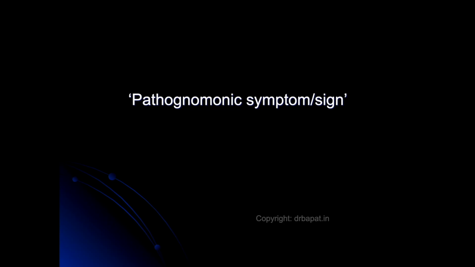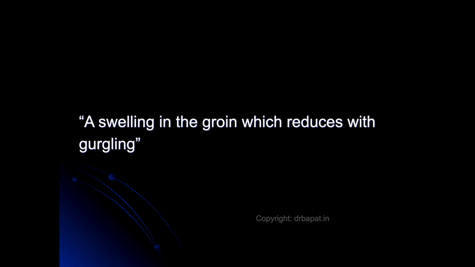Pathognomonic symptom or sign is one which is characteristic enough to clinch the diagnosis. When a pathognomonic symptom or sign is present, then all other symptoms and signs sort of lose their value, and yet you will be able to reach the diagnosis. For example, a swelling in the groin which reduces with gurgling.